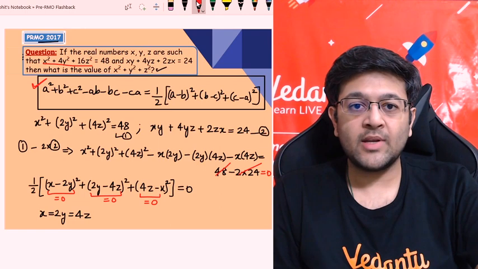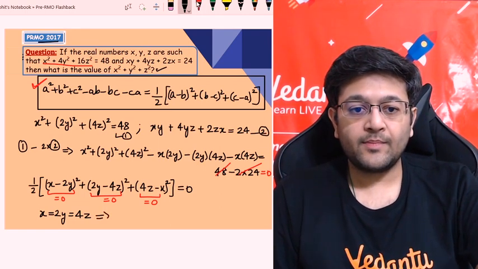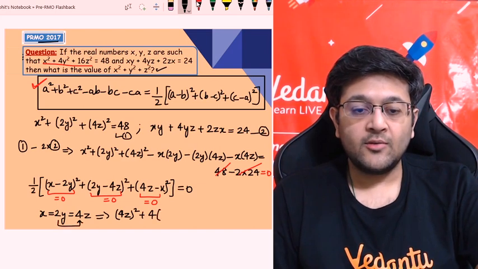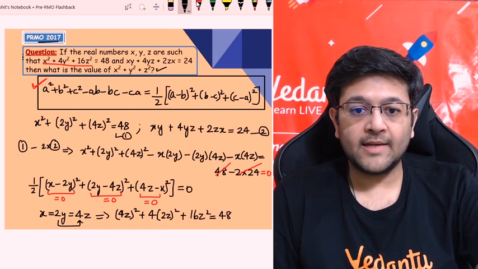Okay, this one. So let's put x as 4z, so it will become 4z whole square plus 4 times y square, where y will be 2z, right? From this y will be equal to 2z, so 4 times 2z whole square plus 16z square equal to 48, right?